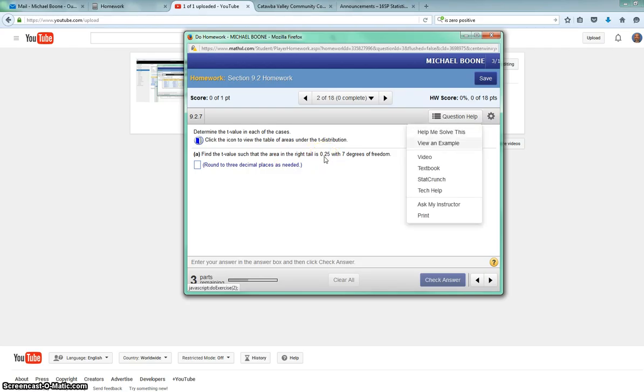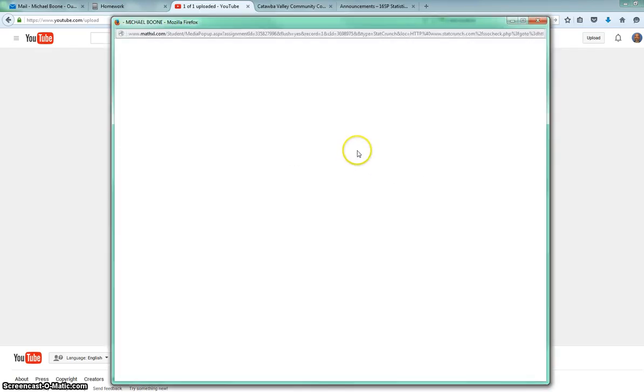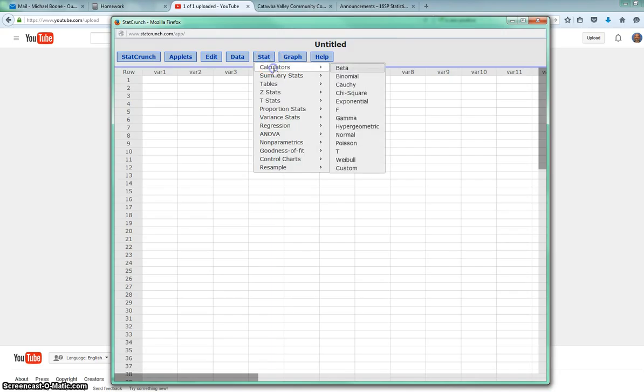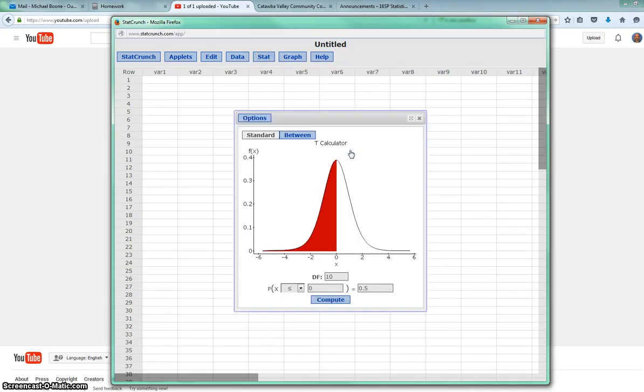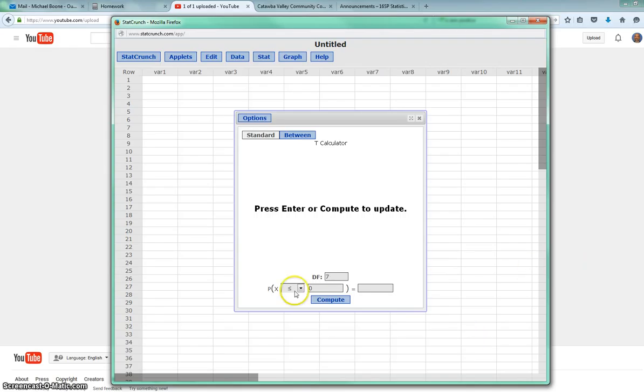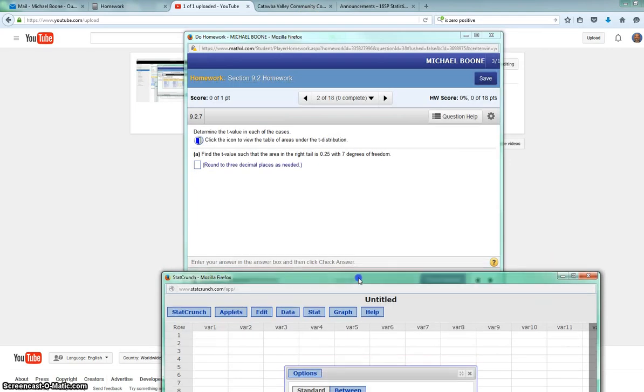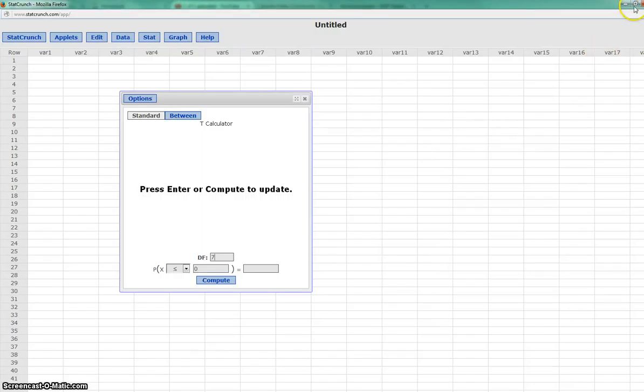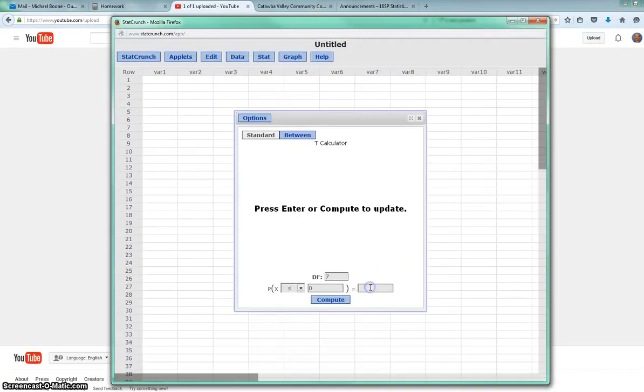Well, we can do this with StatCrunch. We can go look at their tables and try to line things up perfectly. Or we can just go to our t calculator. So my degrees of freedom was 7, and I wanted 0.25 to be in the right tail.